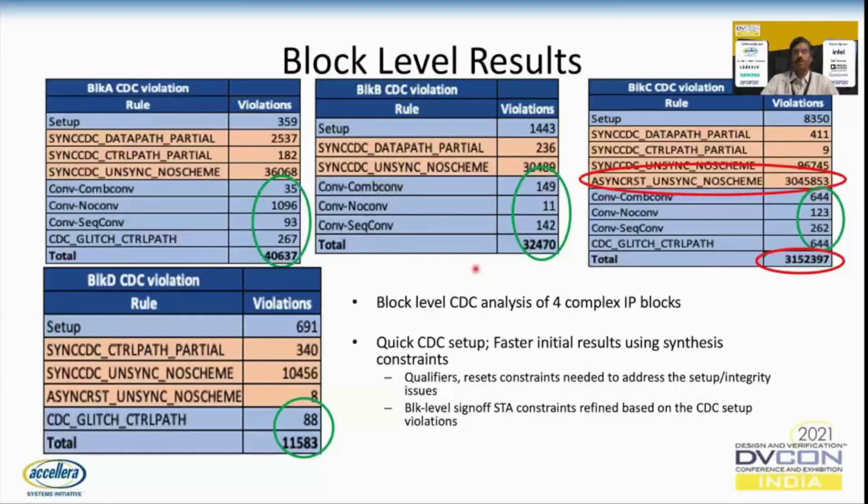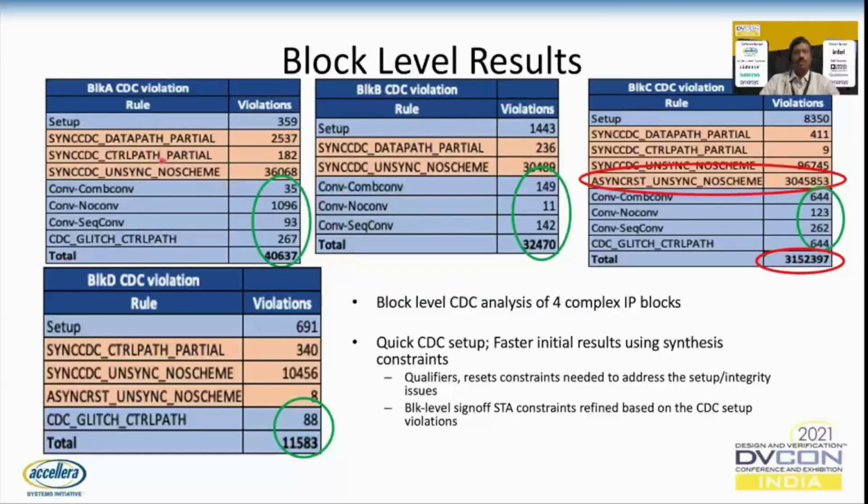These were reviewed and waived. There were convergence violations in all of our block, which were due to the testability logic as well as network on chip interfaces, where the mutex conditions were reviewed and these violations were waived.